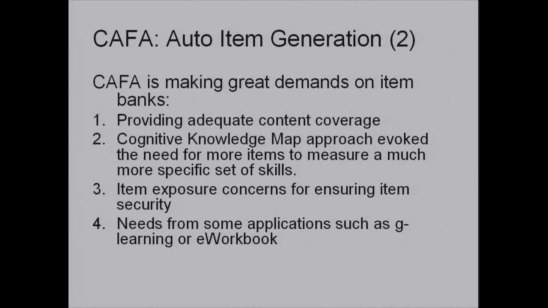And item exposure control too, for security reasons. We can use the same item over and over, but if we have one pattern, we still have a security issue for each specific pattern, though at least they need to solve that particular pattern.